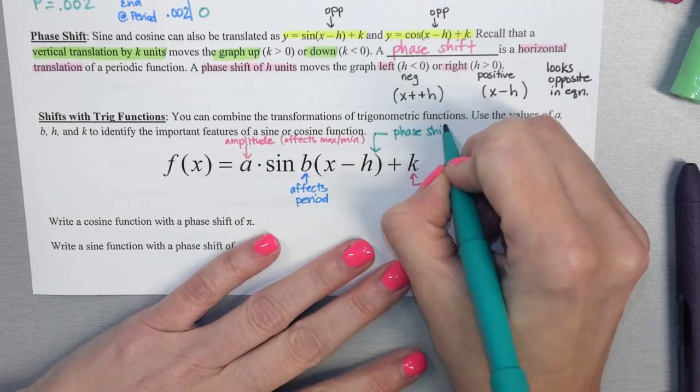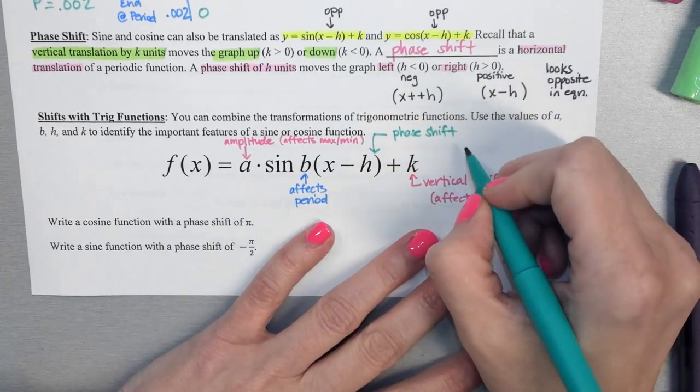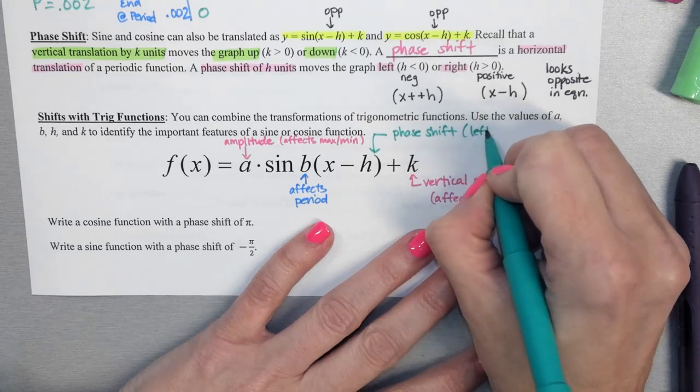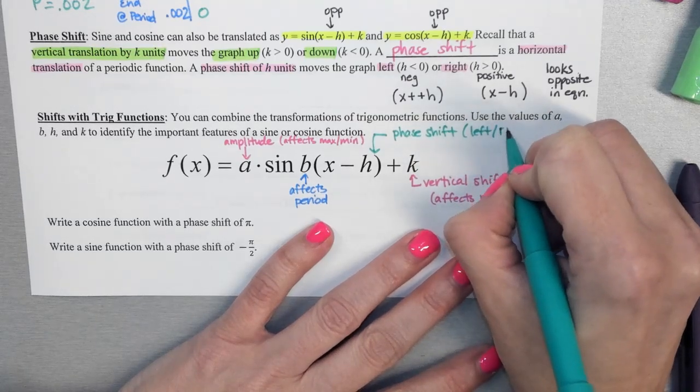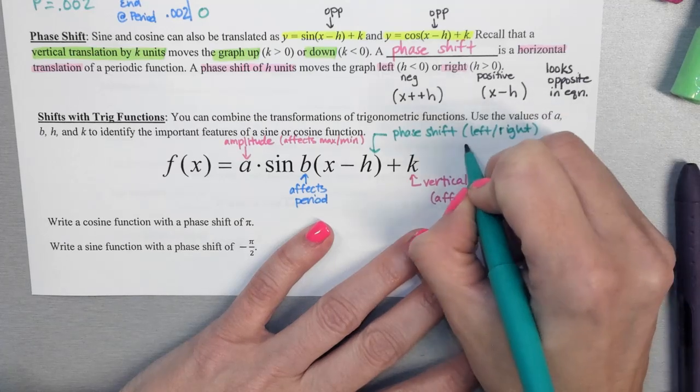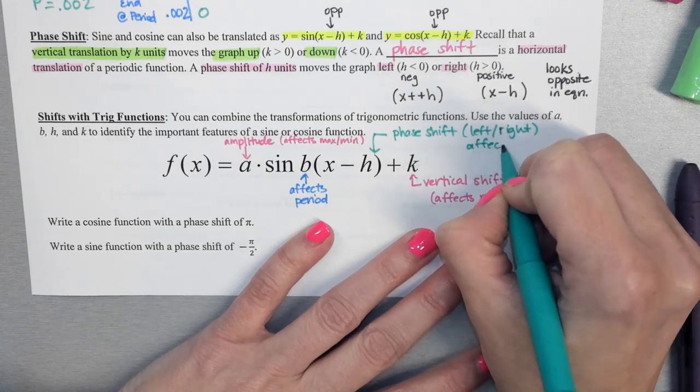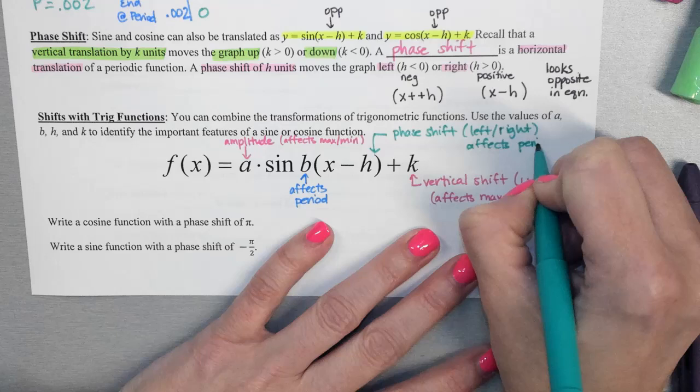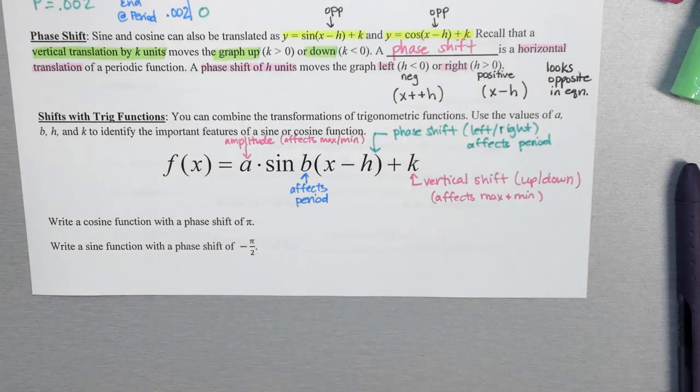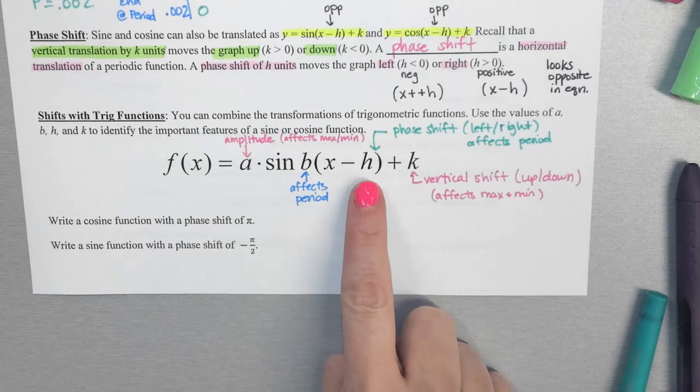Okay, so this is our phase shift. And this also affects your period. Okay, so yesterday we were dealing with different amplitudes and then different values of the period, and we saw how those affected the graph. Okay, today we're going to have phase shifts.